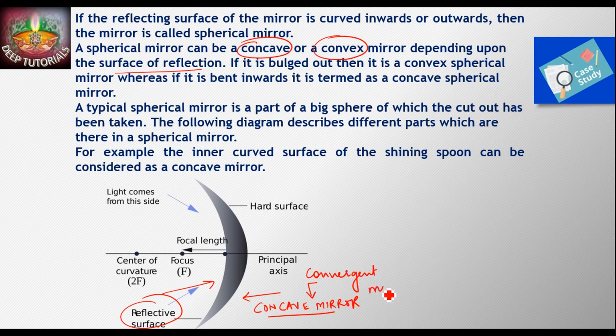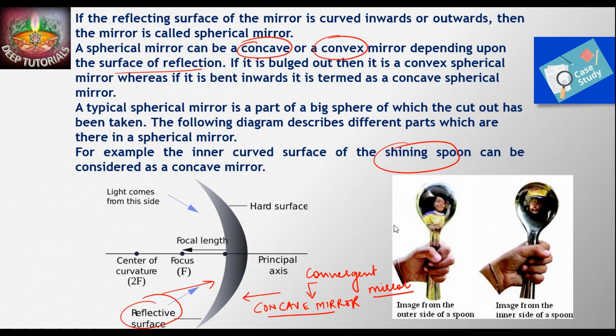Now one of the common examples that we have in our daily life is a shiny spoon. Now in a shiny spoon we have two surfaces. The inner surface, which is bent inwards, acts as a concave mirror, and here we have an inverted image. Take note of this. This is an inverted image, and when it is inverted, it is a real image as well.